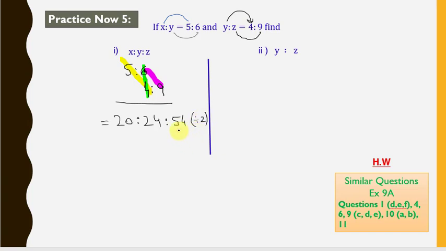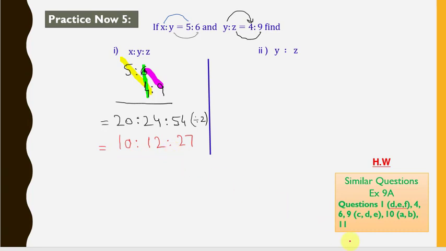So that will be 10 is to 12 is to 27. Now it cannot be further simplified, so that will be our answer.